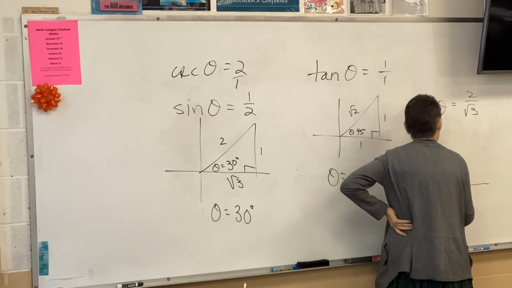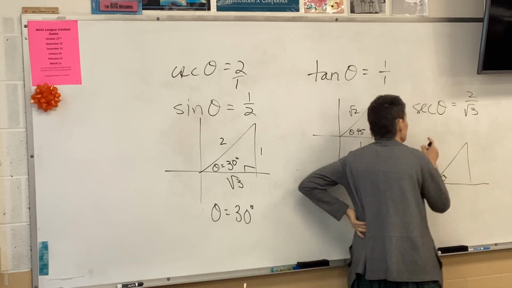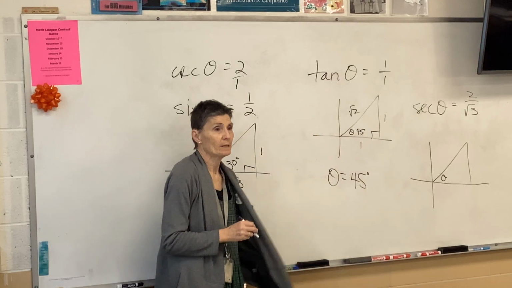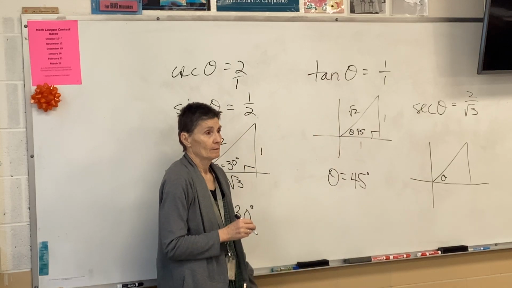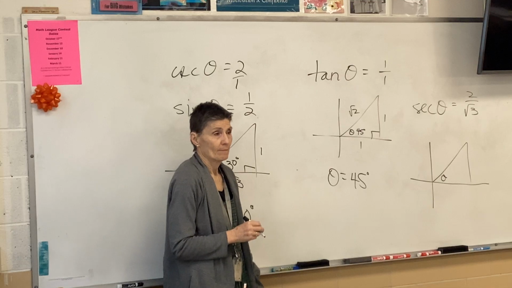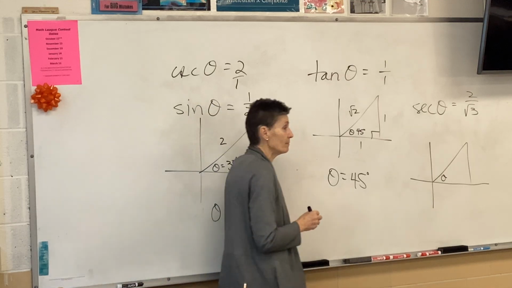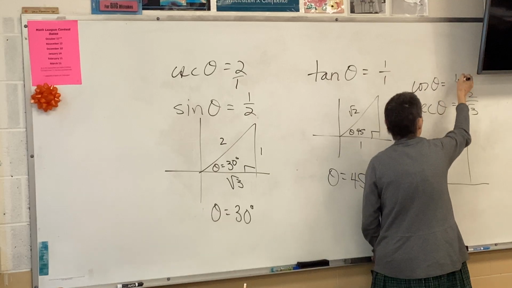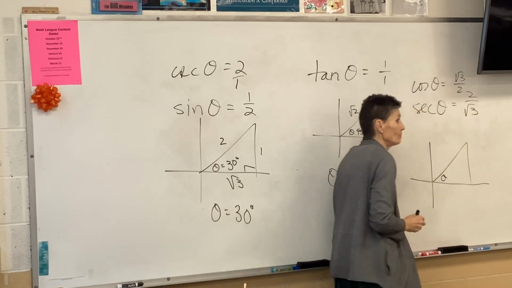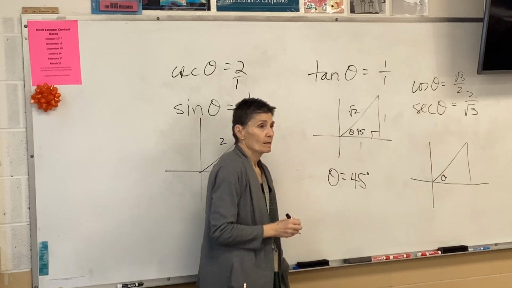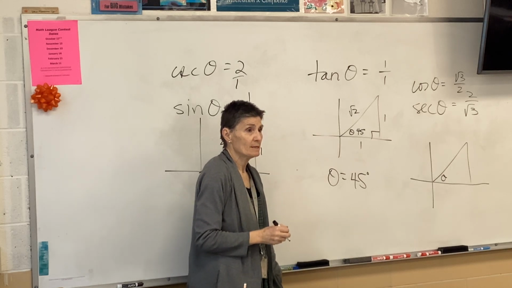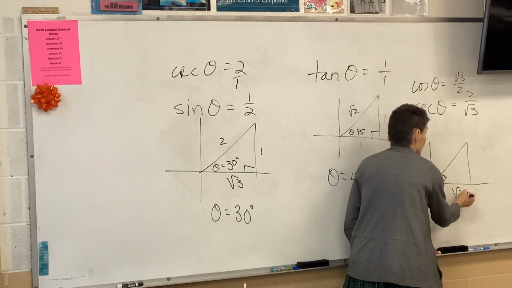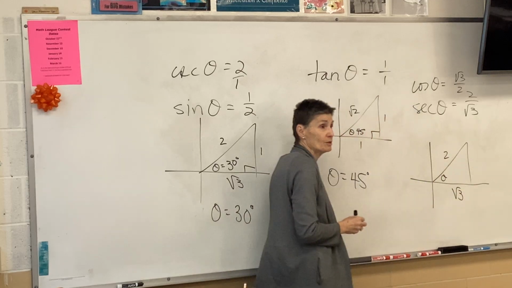Tell me what I know about my triangle. If the secant is 2 over root 3, then the cosine must be root 3 over 2, which means the adjacent is root 3 and the hypotenuse is 2.